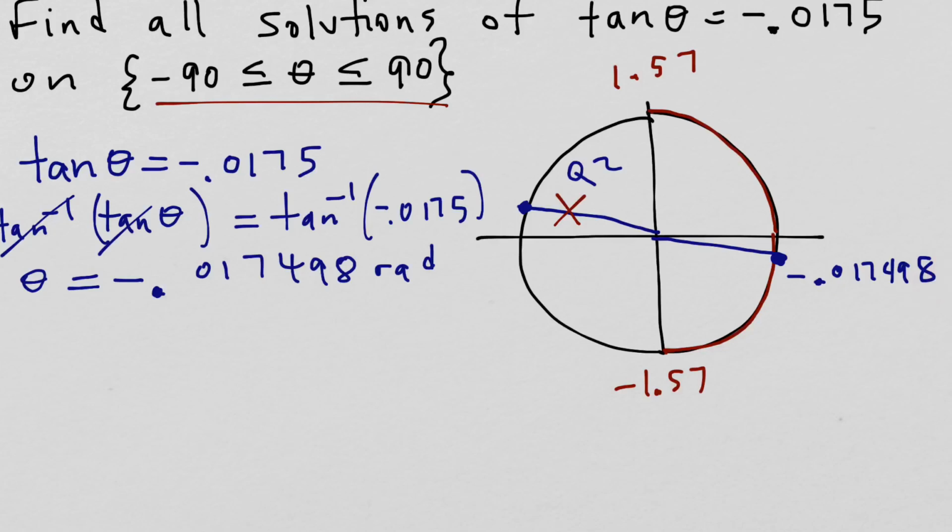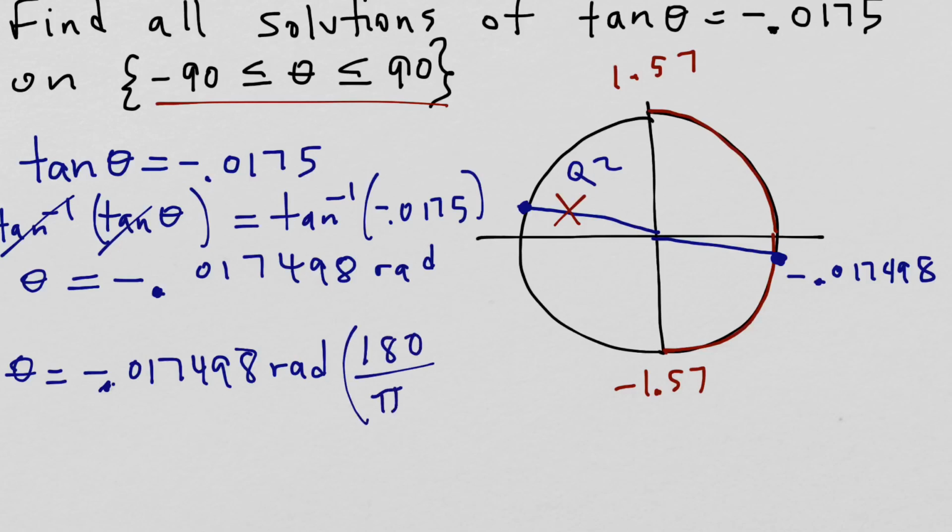Now, if I wanted to convert that to degrees, because remember our homework problem input system is rather picky, I would convert that. So I've got negative 0.017498 radians. I'm just going to write radians, and I want to end up in degrees, so I'm going to convert that to degrees. So my radians are going to cancel out.